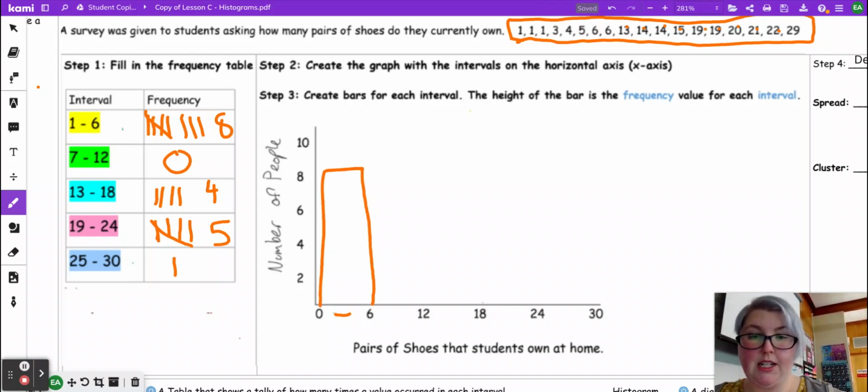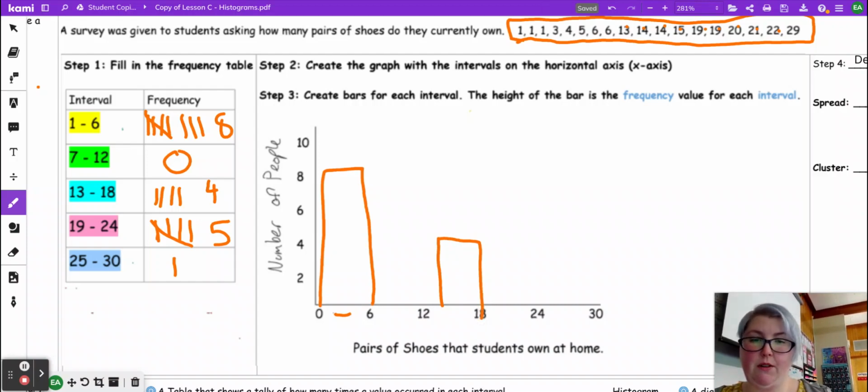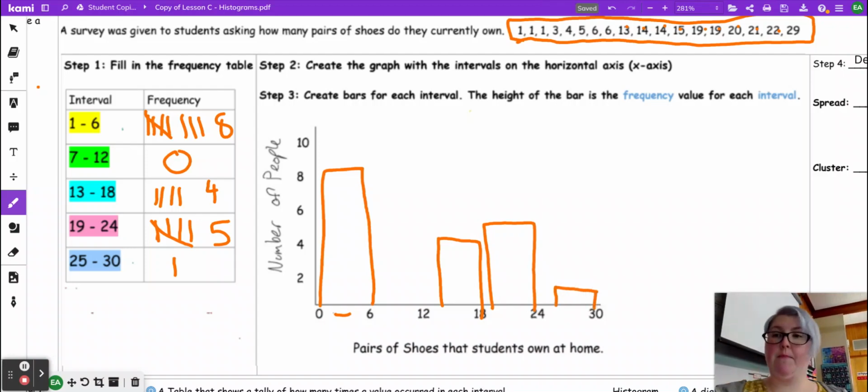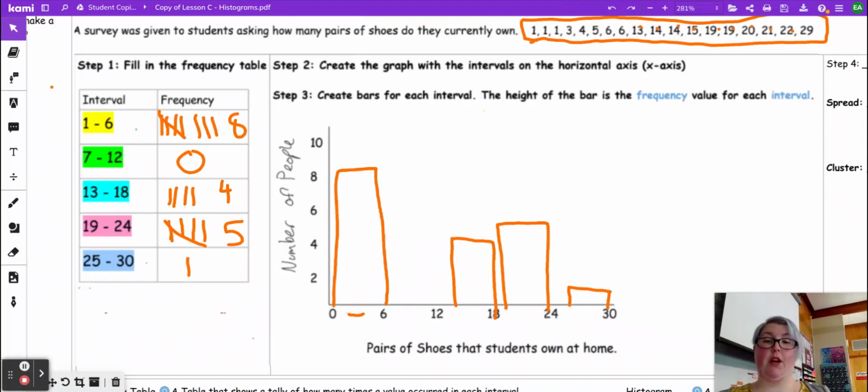From 13 to 18, we've got 4. Does it have to be perfect? Absolutely not. From 19 to 24, we've got 5. And from 25 to 30, we've got 1. So here is our histogram. Now we've created our histogram.